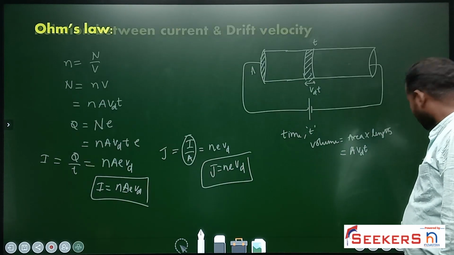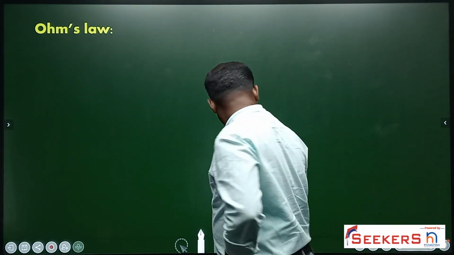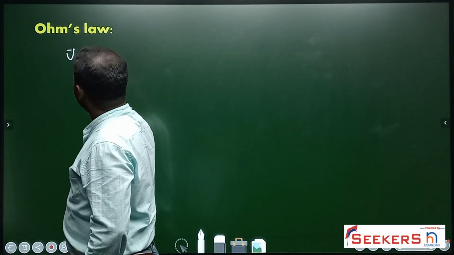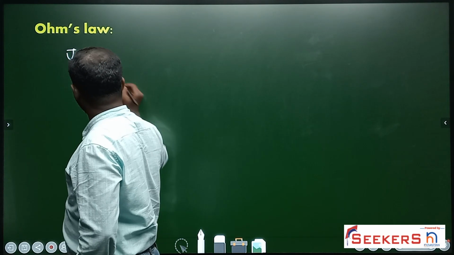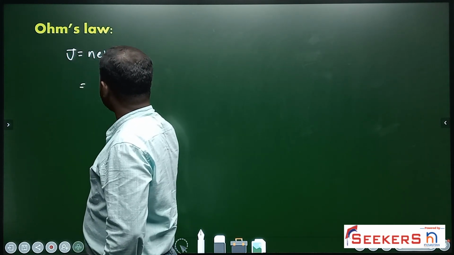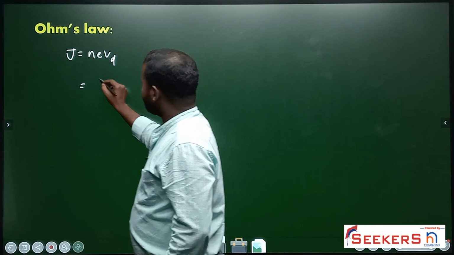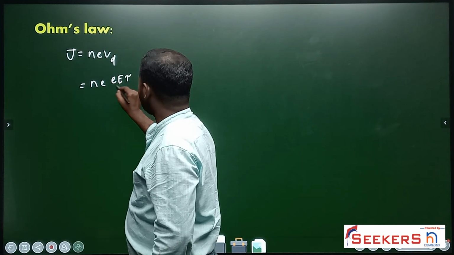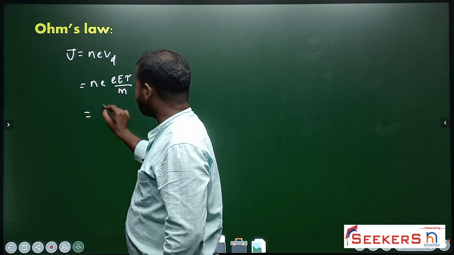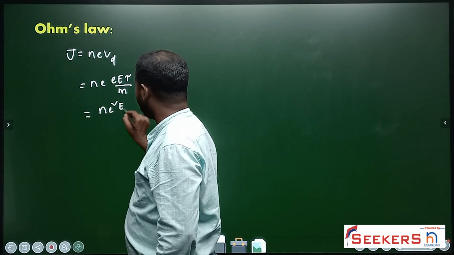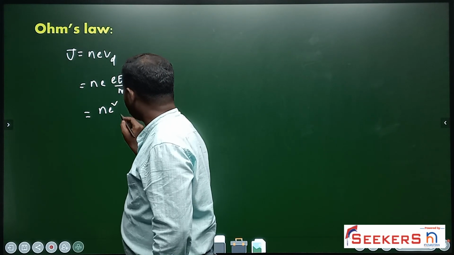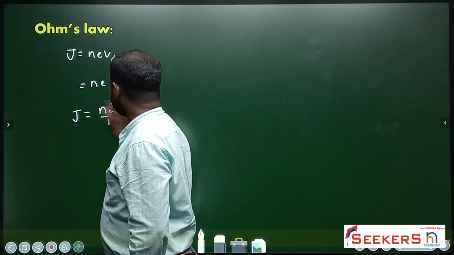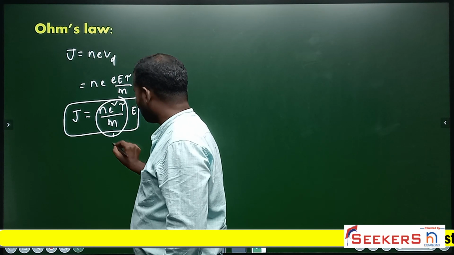Right, now let us talk about Ohm's law. Just now we have seen that J is equal to n e Vd. What is this Vd? You have seen that drift velocity Vd is equal to E tau upon m. Now I can say that J is n e square tau upon m into E. This can be written as basically a conductivity.